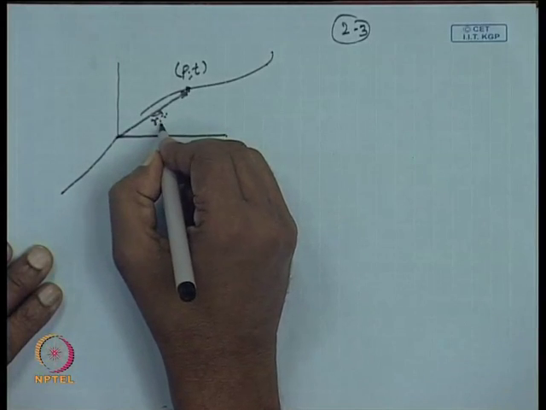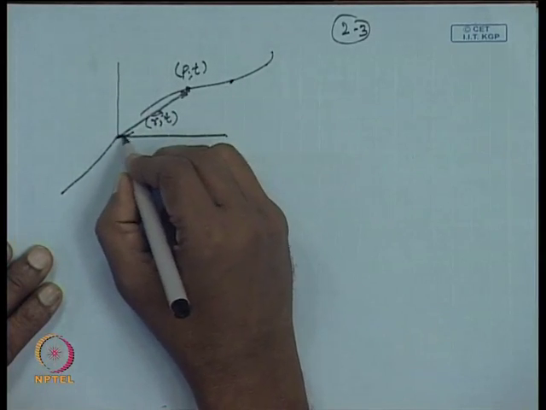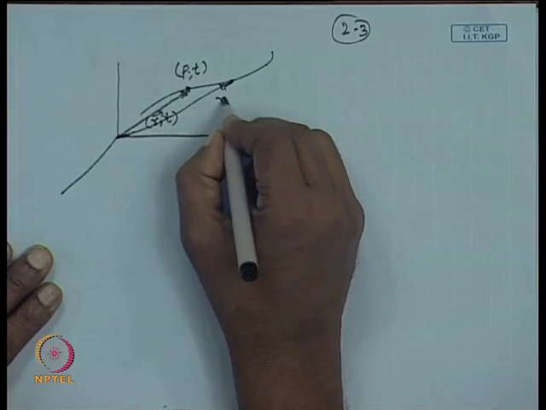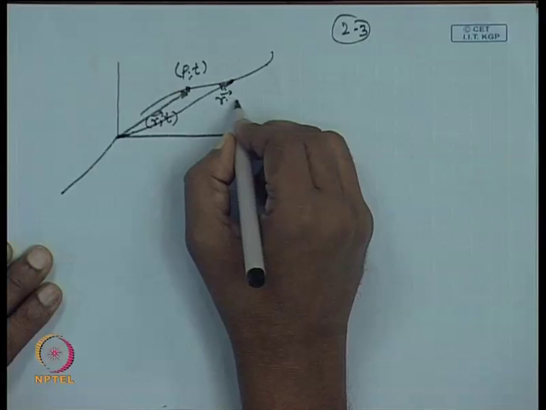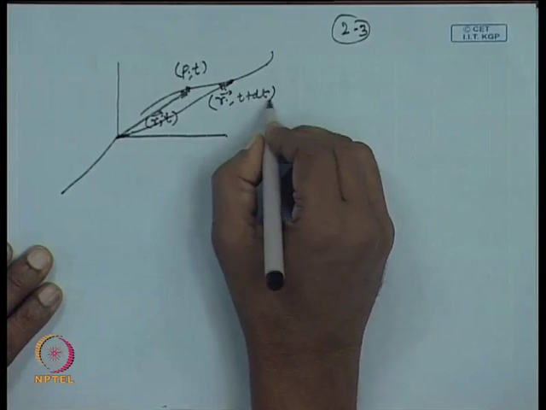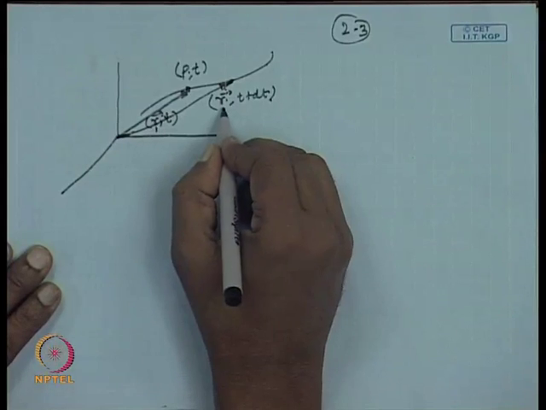So, this is our r of t, and another point we are taking, whose radius vector can be defined as r of t plus dt.